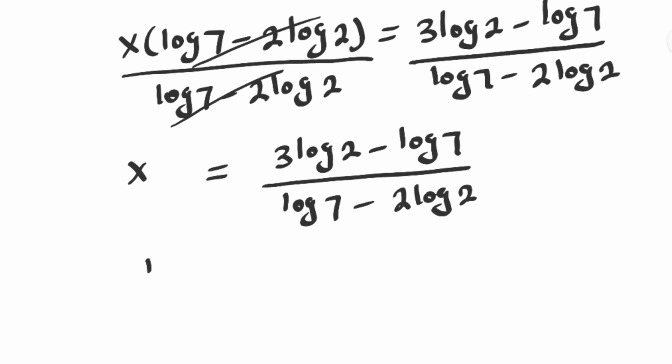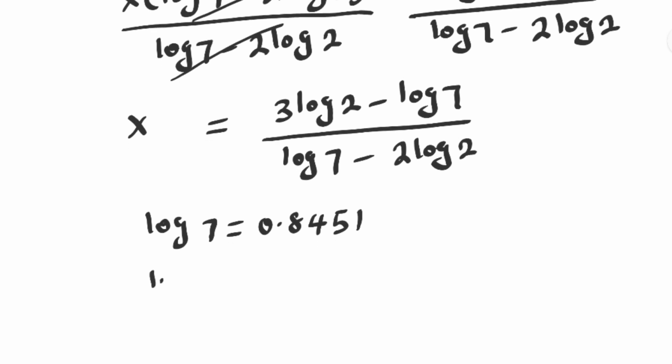But log 7 is equal to 0.8451 and log 2 is equal to 0.3010.